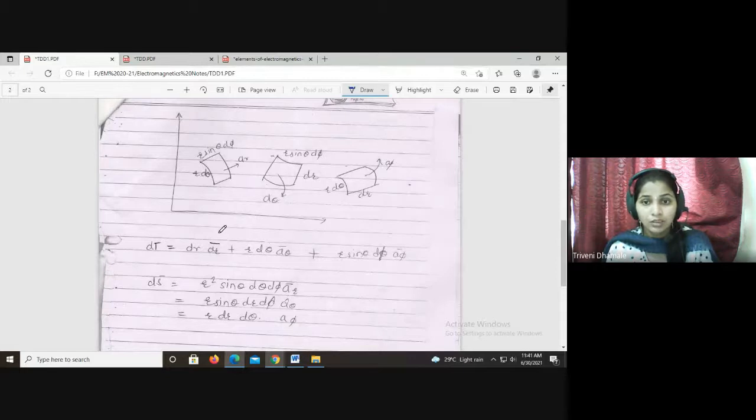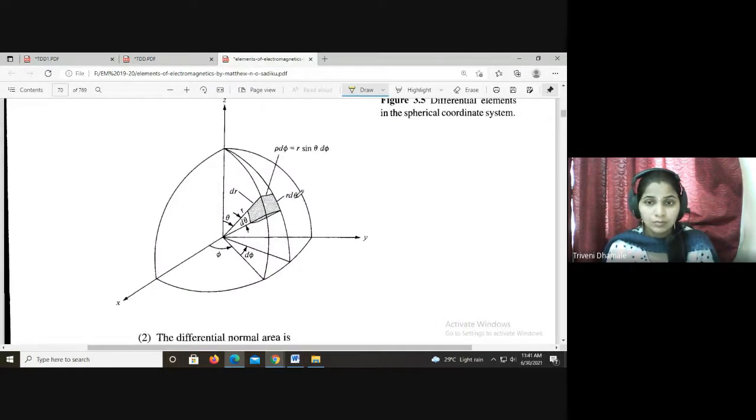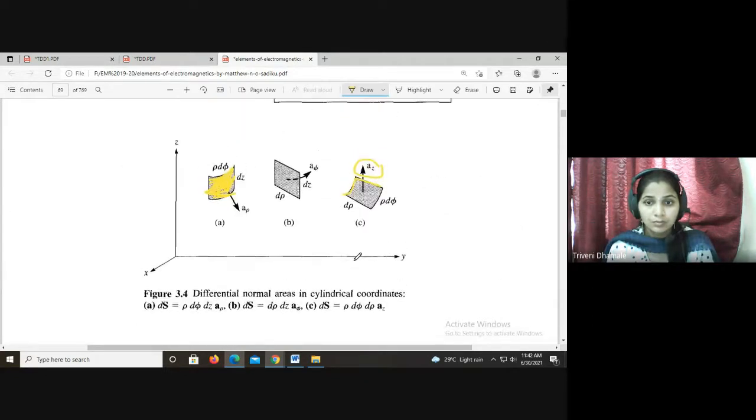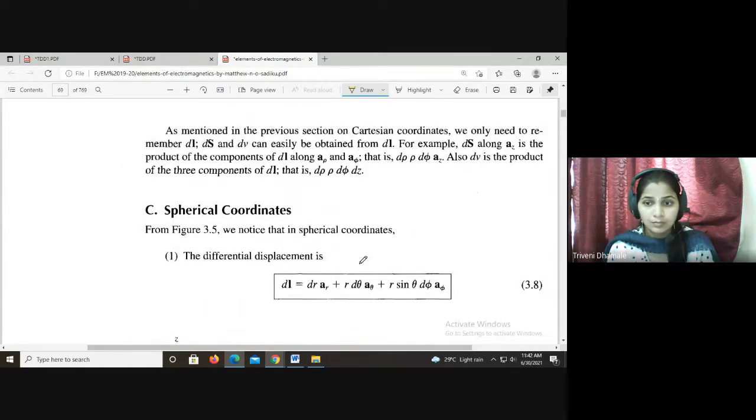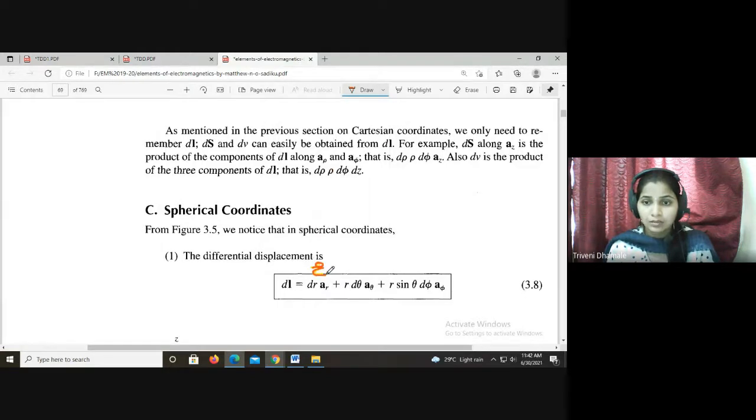Again, for the differential calculus purpose, in case of spherical coordinate system, there are again three constant planes. The differential coordinates are r, theta and phi.